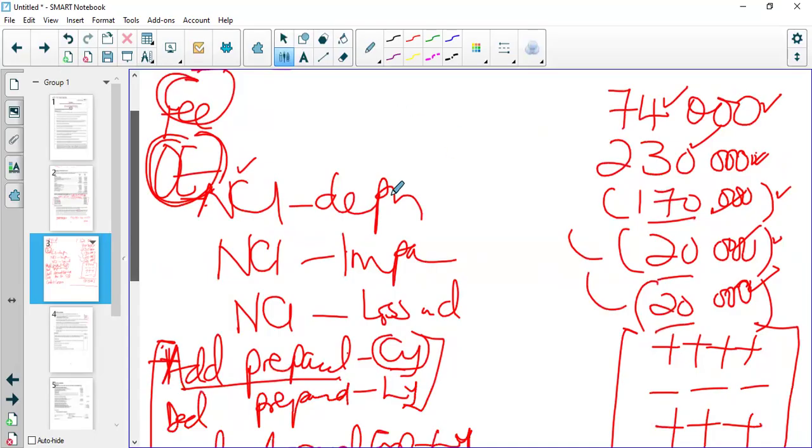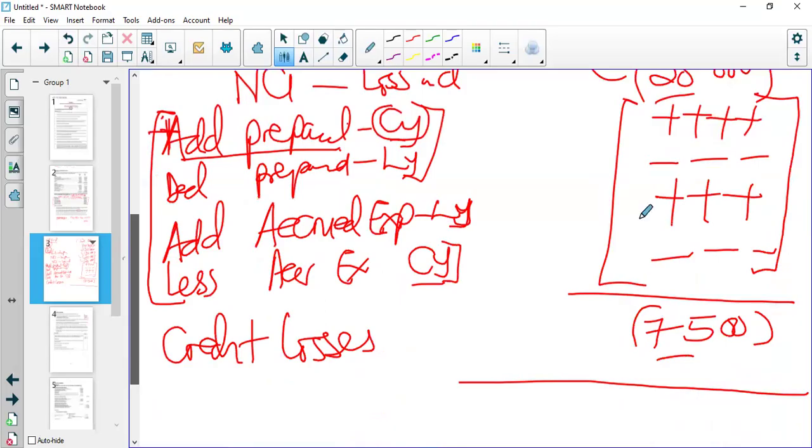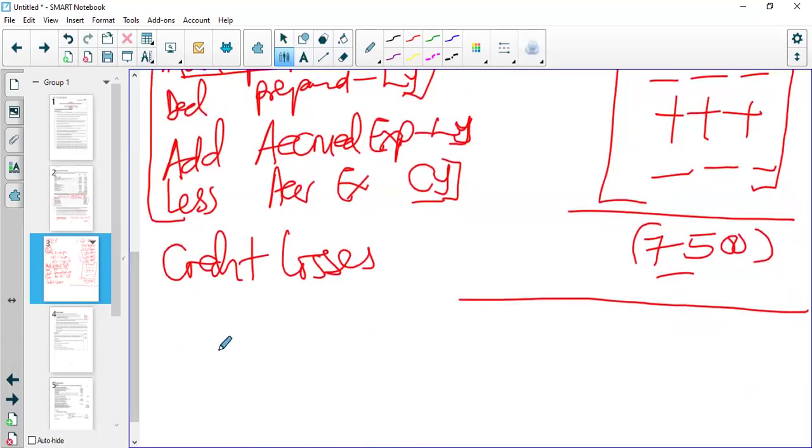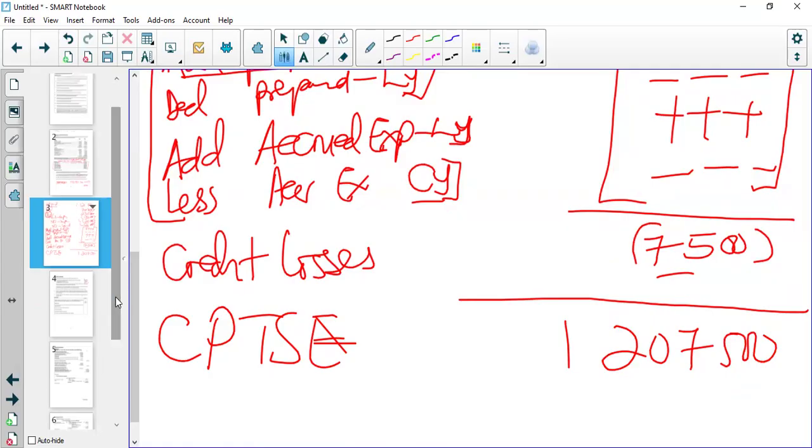Then we don't have anything else here. Then we less 7,500. Then our cash paid to suppliers and employees is going to be 1,207,500. So let's just go to the memo.